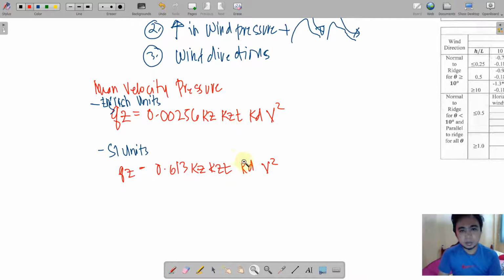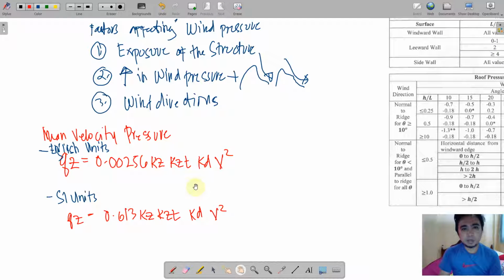So now, KZT is the increase in wind pressure depending on the effect of hills and escarpments surrounding your building. That has an effect. If your building is assumed to be on flat terrain, then KZT is set equal to 1. Okay?